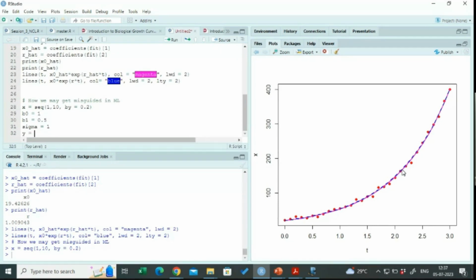And you simulate your y as b0 plus b1 star x plus rnorm, with n equal to length of x, mean equal to 0, and sd equal to sigma.